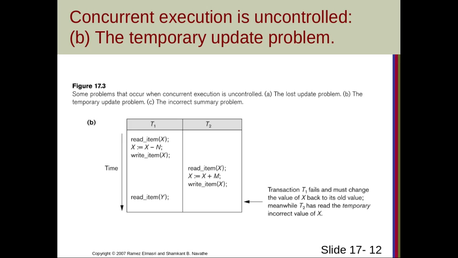Suppose that after executing write item x of T1, T2 is reading the value of x, and at that point in time, suppose that the transaction T1 fails for some reason. Transaction T1 fails and must change the value of x.